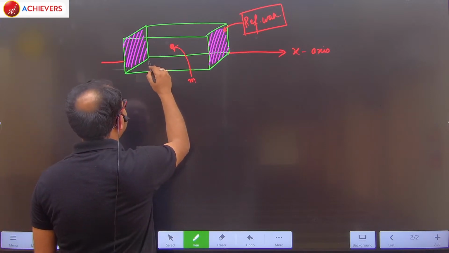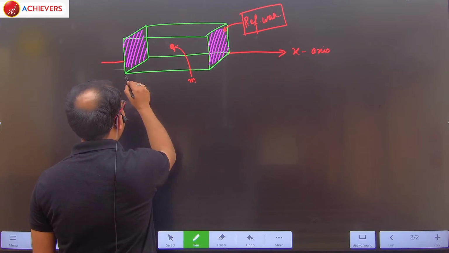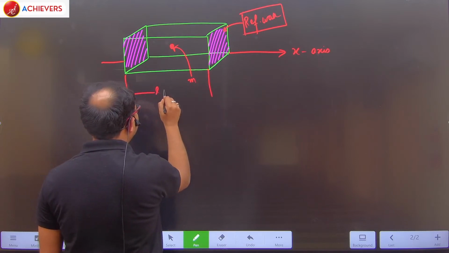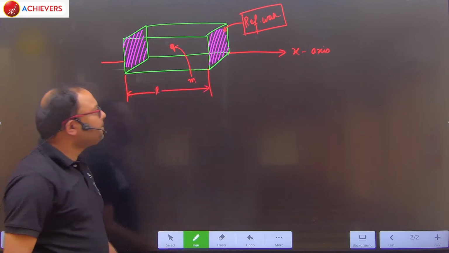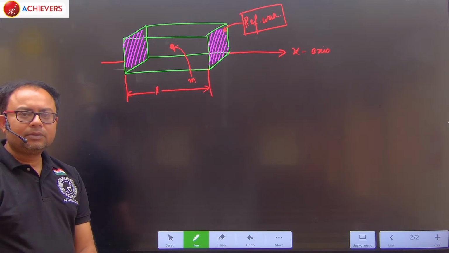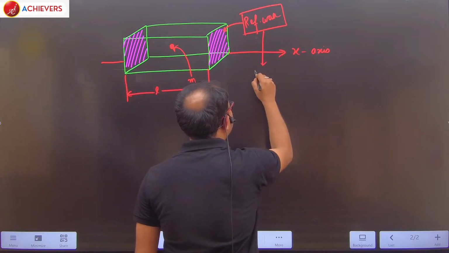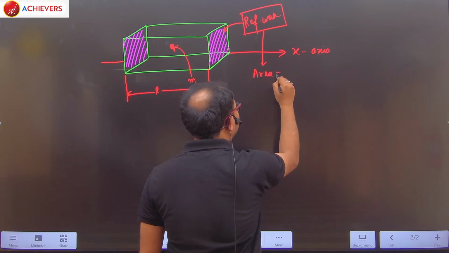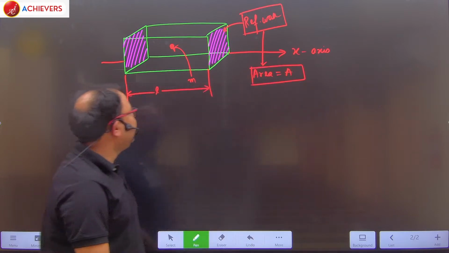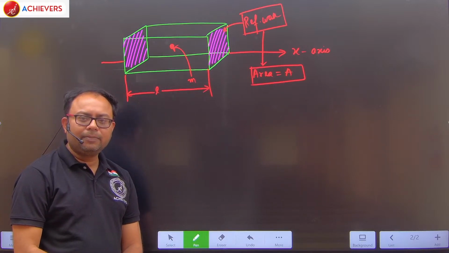The distance between these two walls is considered to be L. And the area of the reference wall is considered to be A.